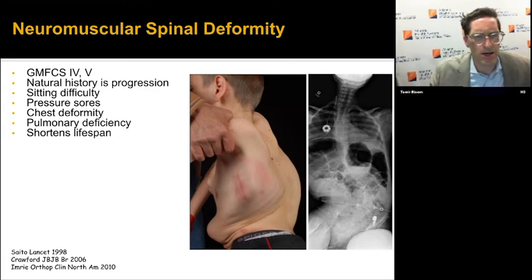AIS usually arises later. The curves in CP tend to be stiffer, tend to be bigger, and less responsive to bracing. These curves can make sitting difficult. They can cause pressure ulcers, as shown here, chest deformity. They can cause pulmonary deficiency once they get quite large, and they can shorten someone's lifespan.